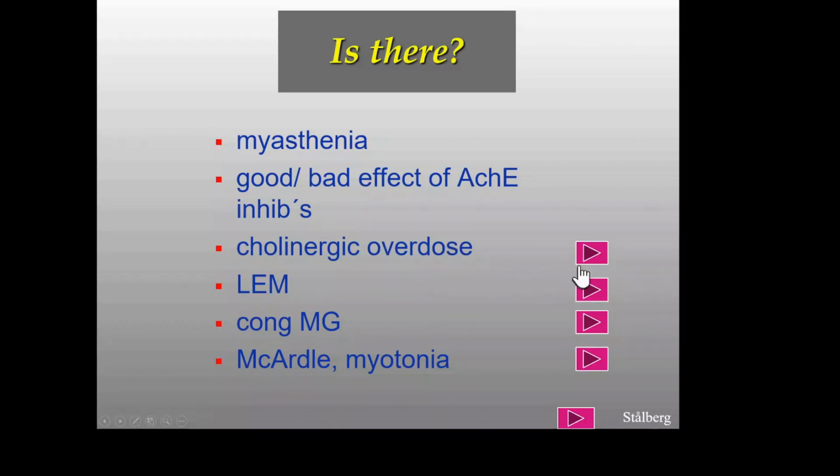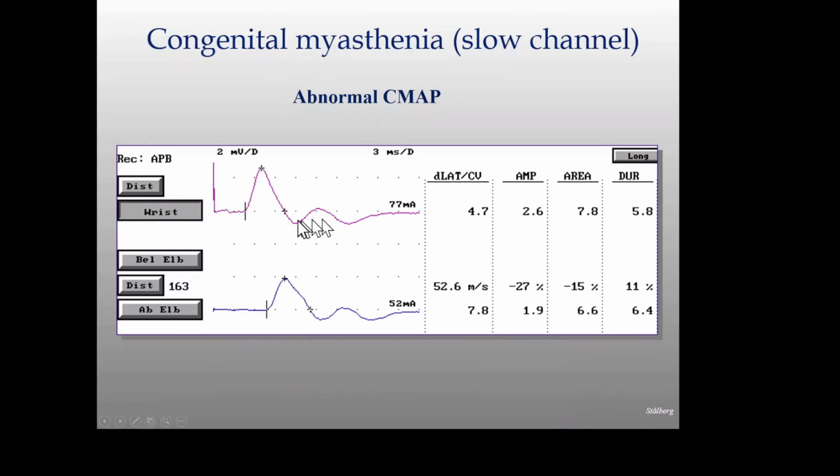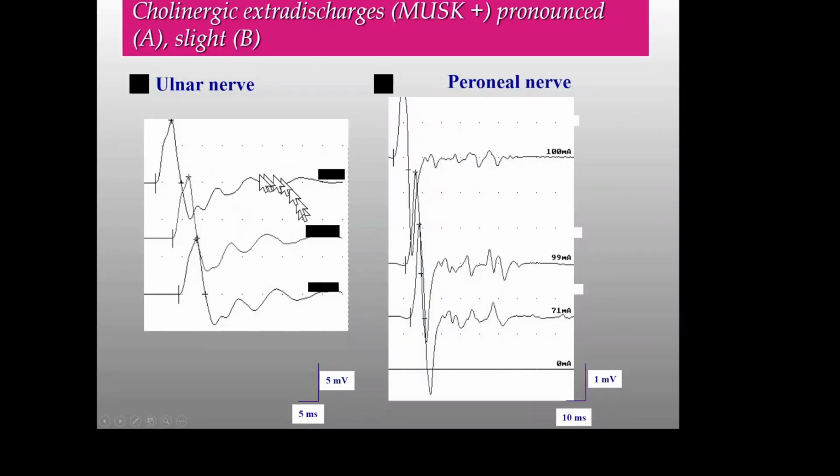We can see cholinergic overdose as extra discharges after the CMAP. That is also seen in congenital myasthenia of different kinds. This can be seen as multiple waves in different nerves here.